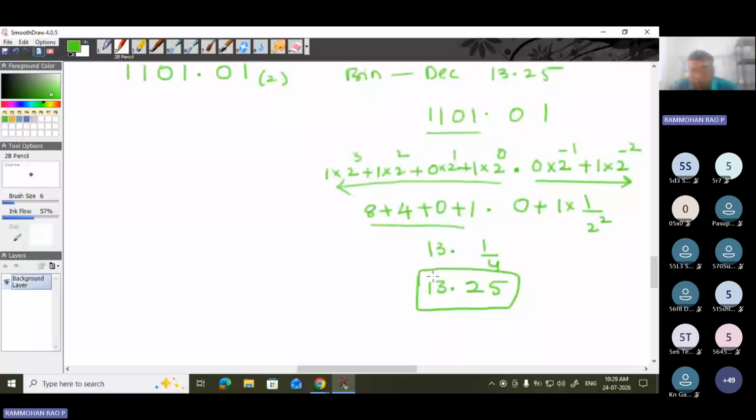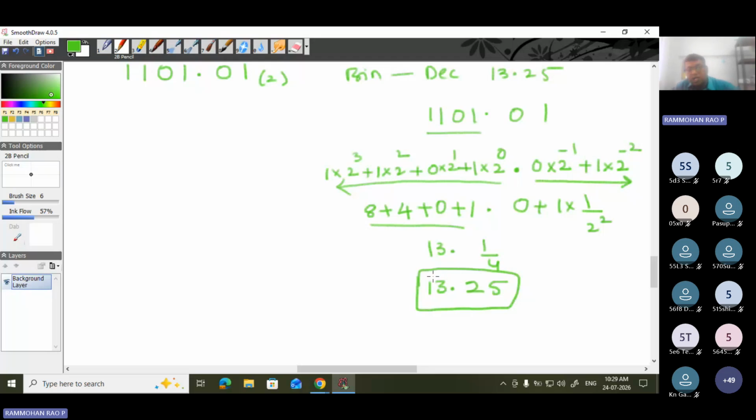What I have done: 13 was converted into binary using the 8421 method. The fraction part was converted using multiplication and collecting the answers from top to bottom. We got the binary form of 13.25. The IEEE 754 standard is not yet applied, only conversion we have done.